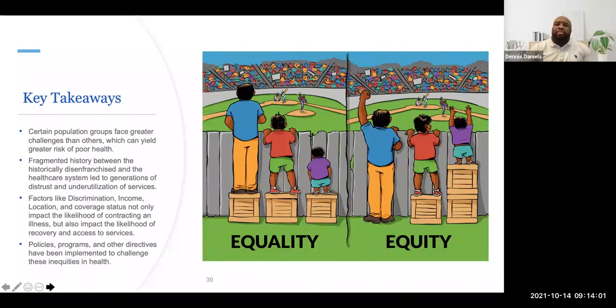Policies, programs, and other directives, as we just saw during the remainder of this presentation, provide efforts to challenge these inequities in our society.